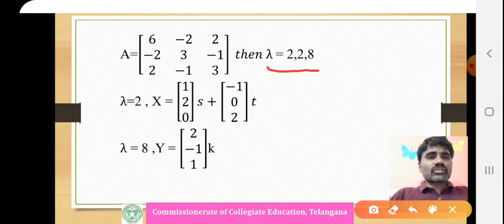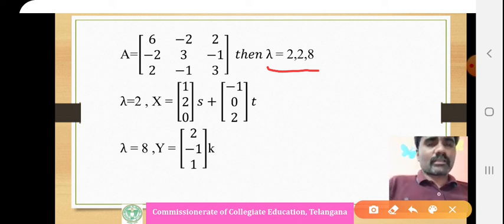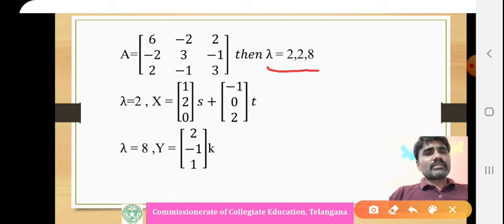For lambda equals 2, you will get the eigenvector 1, 2, 0 times S, where S is a parameter, plus minus 1, 0, 2 times T, where T is another parameter. For lambda equals 2, the eigenspace is spanned by 1, 2, 0 and minus 1, 0, 2.